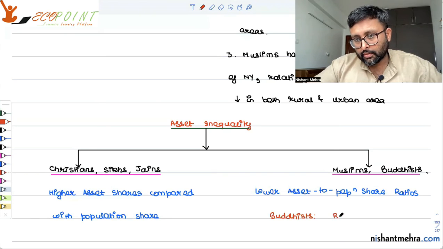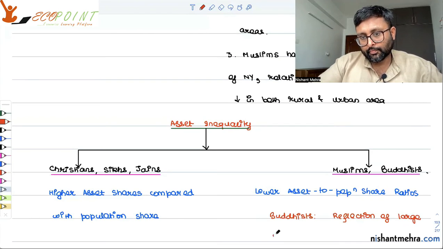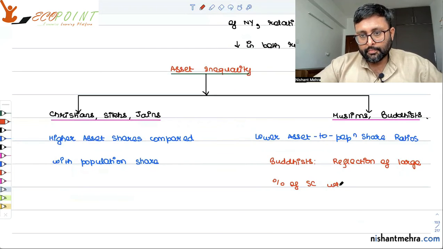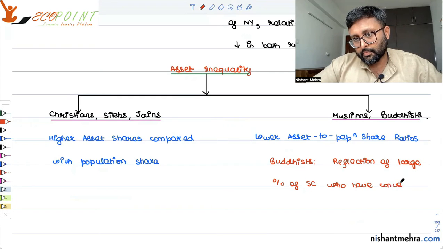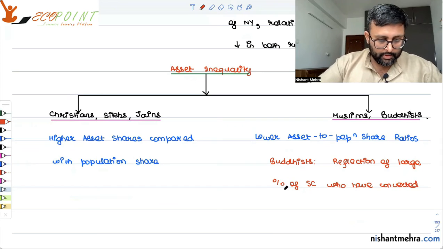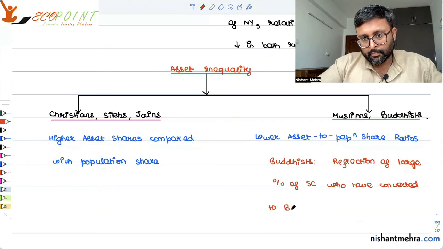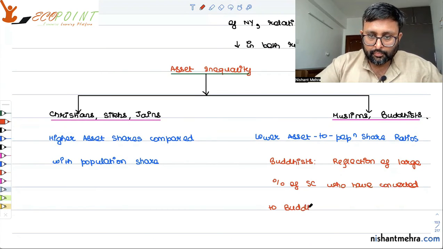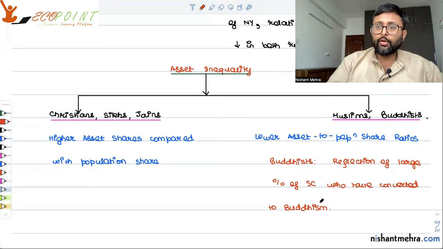It is a reflection of the large percentage of SCs who have converted to Buddhism.